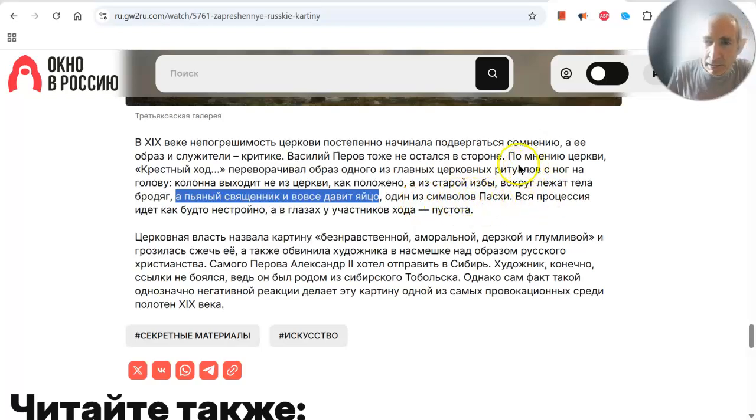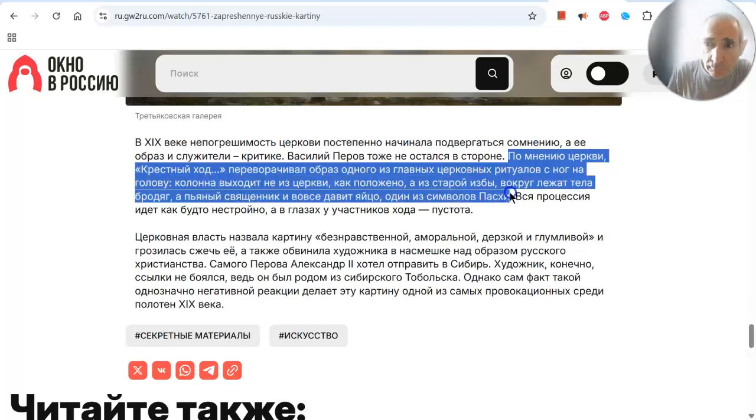So now, please see how it all works together. По мнению церкви, крестный ход переворачивал образ одного из главных церковных ритуалов с ног на голову. Колонна выходит не из церкви, как положено, а из старой избы. Вокруг лежат тела бродяг, а пьяный священник и вовсе давит яйцо, один из символов Пасхи. In the opinion of the church, the cross procession, this picture, turned the image of one of the main church rituals upside down.